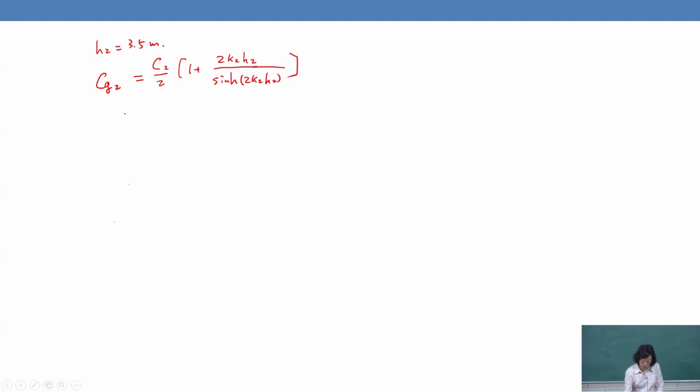So again, we will have K2 equal to 2 pi over L2. And then we have L2 equal to 87.59 meter, and then we will have K2 equal to 0.0717.